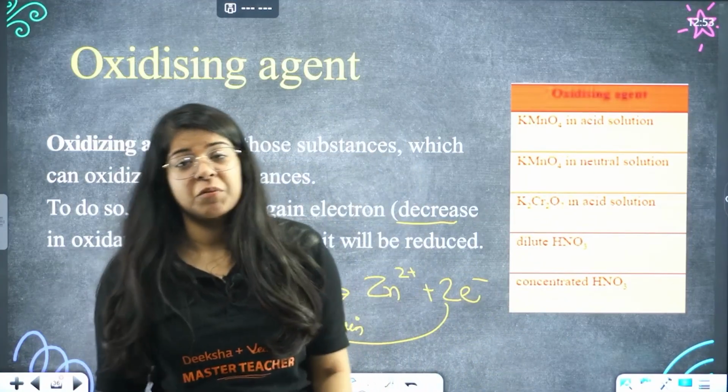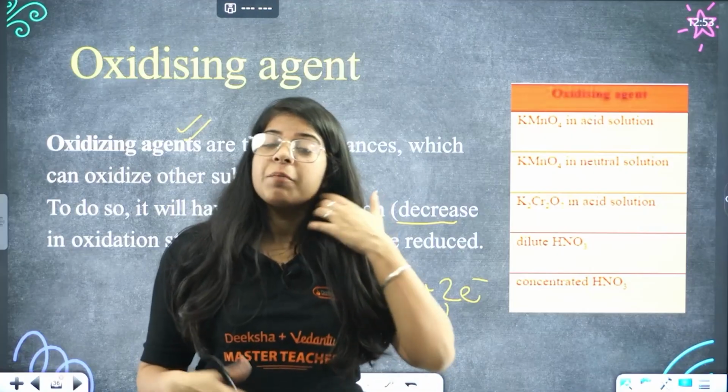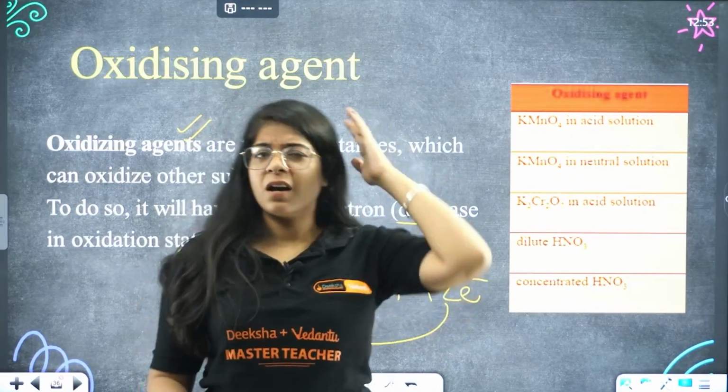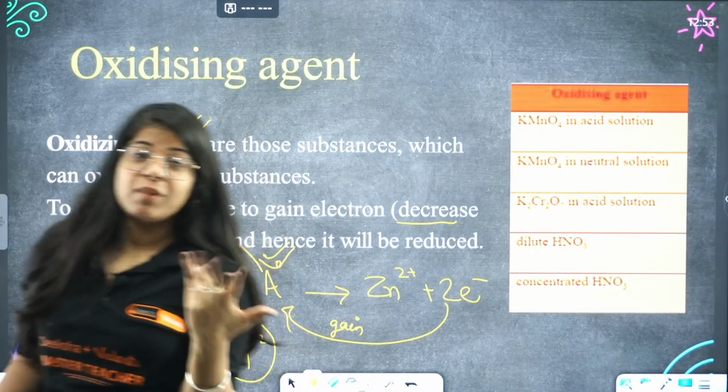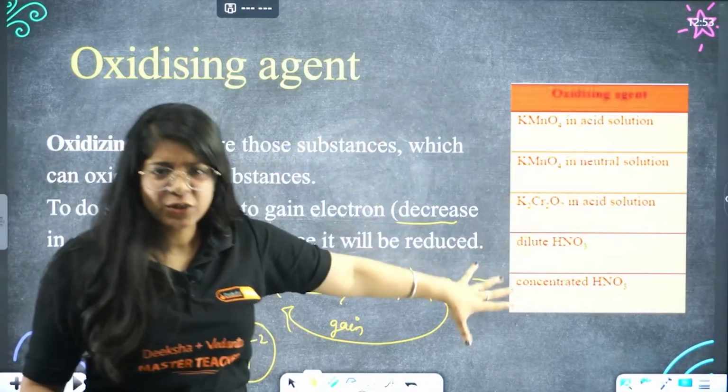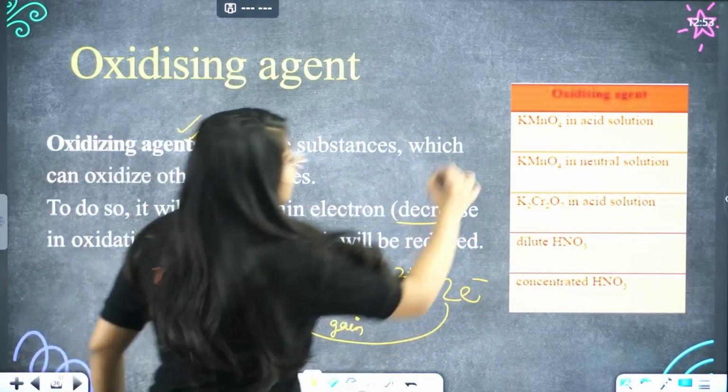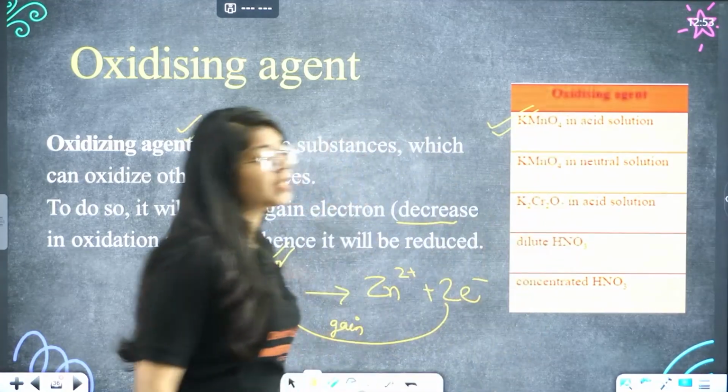You don't have to remember this right now, but it's good if you do, if you want to take on chemistry and science in your +1, +2. You can try to remember those, but remember that KMnO4 in acid solution is an oxidizing agent.